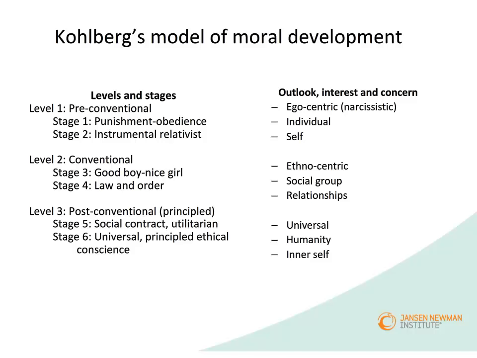They go through level 1, pre-conventional, level 2, conventional, and level 3, which he calls post-conventional. And then once you've reached that certain level, you don't go back, because your view incorporates all the elements from the previous levels, and they're part of your knowing, so you don't go back.